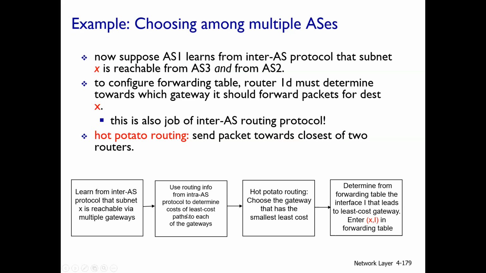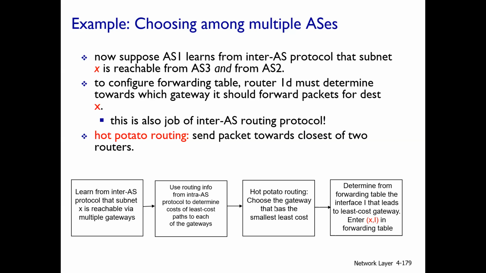You determine the least cost paths to each of the gateways, and then you decide, okay, which path you're going to take. It could be hot potato routing, which is choose the gateway that has the smallest least cost, and then determine the forwarding table entry or interface that leads to that least cost gateway, और वो आपने enter कर दी अपने forwarding table के अंदर.